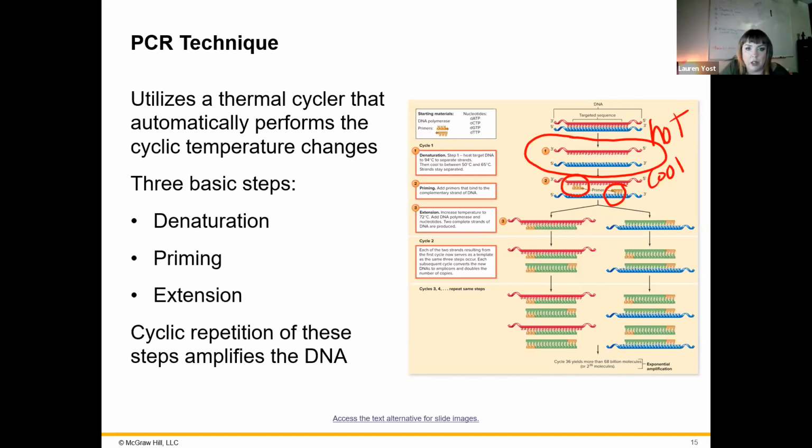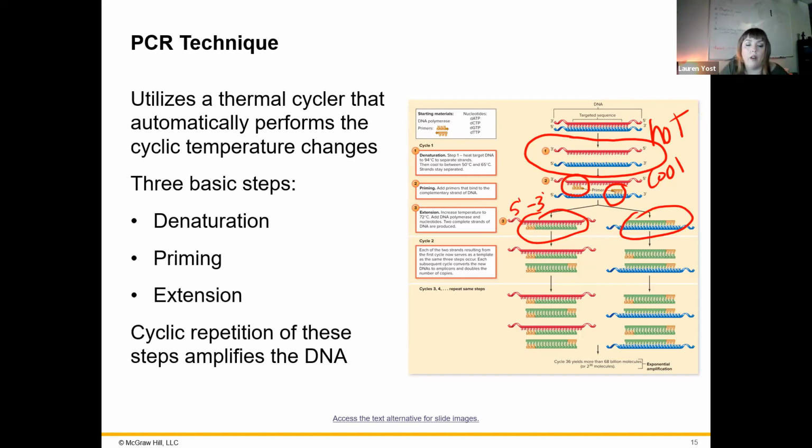Then we have extension, and that is just starting from those primers, adding on nucleotides in the 5' to 3' direction. So then we added our nucleotides and we made our copies, and then we can go through the whole thing all over again. And we'll do that over and over.